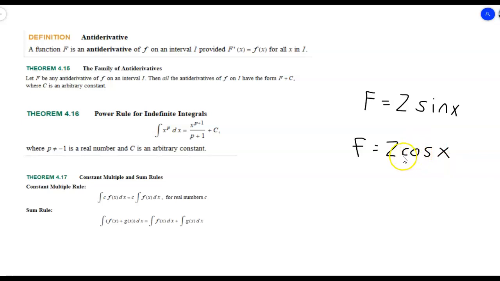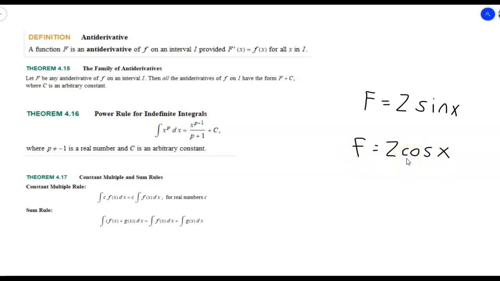Well, we know how to find the derivative of it. The derivative of cosine is negative sine, so the derivative of this would be negative 2 sine of x. But we're not asking for the derivative, we're asking for the antiderivative.